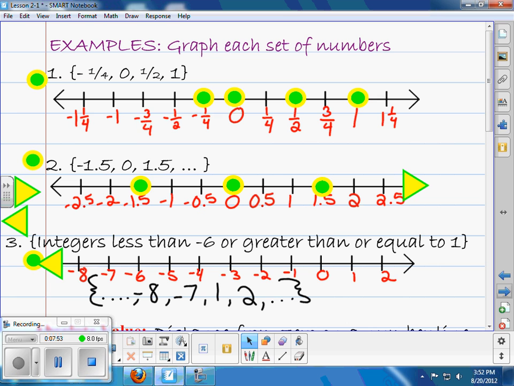Again, we have said that the left arrow should be shaded in because of the ... to begin with. Then the next point should be at -8 and -7. Then we skip all the way down here to +1 and +2. And again, because we end with the ... the right arrow should also be shaded. This indicates a pattern.